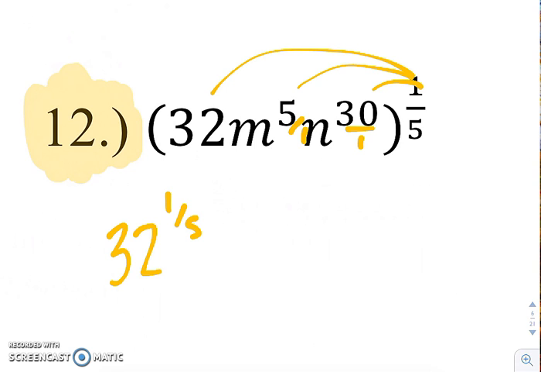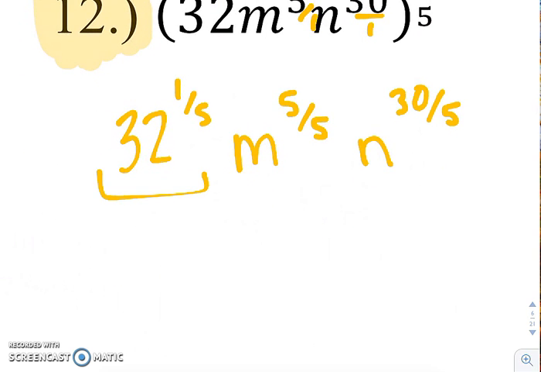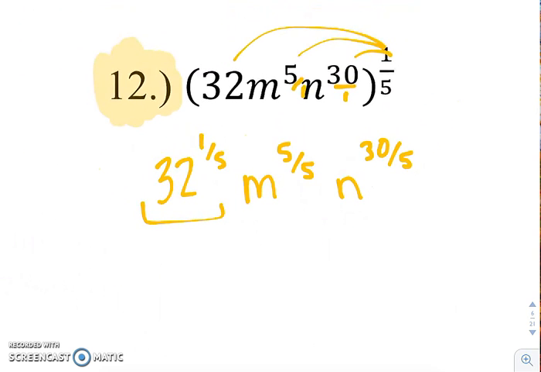So if you do that, you'll get 32 to the 1/5, m to the 5/5, and n to the 30/5. So what happens then is you'll just have to rewrite that 32 in radical form. I just think this is a little more involved. I'll show you the other way to do it. The 5th root of 32, and m to the 5/5 is just m to the 1st, and n to the 30/5 is n to the 6th.